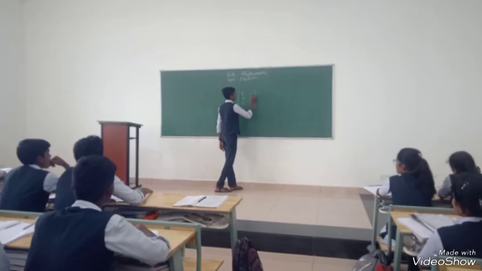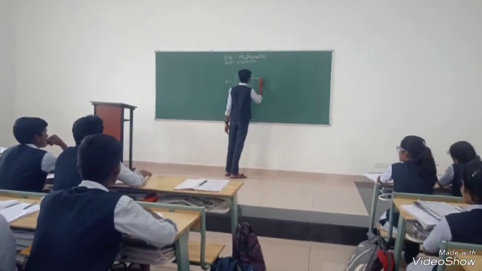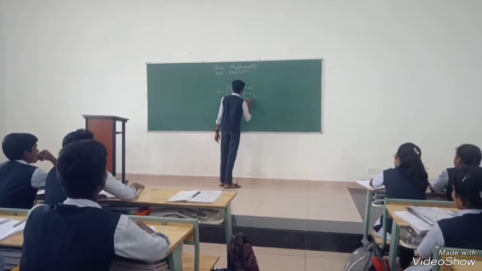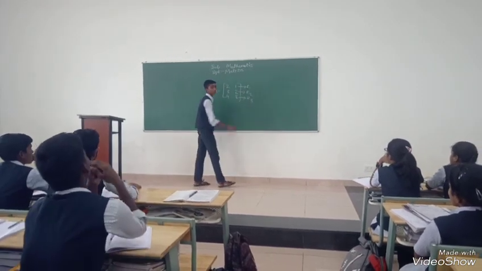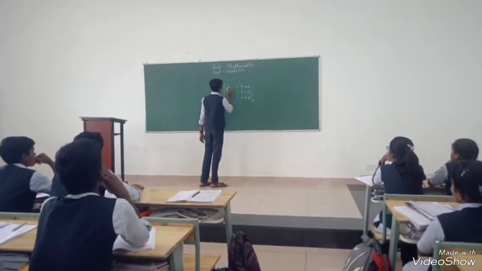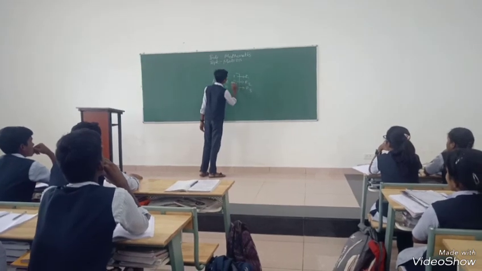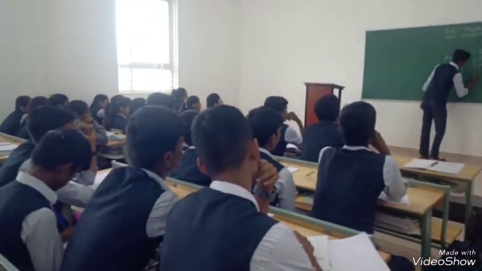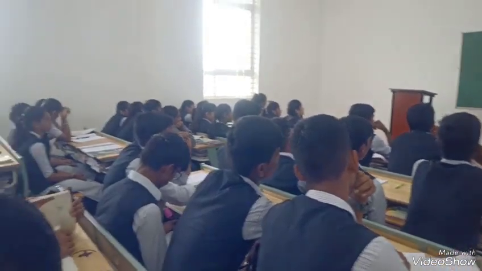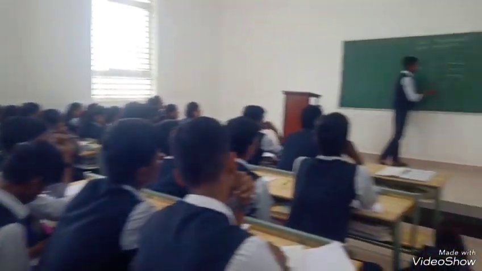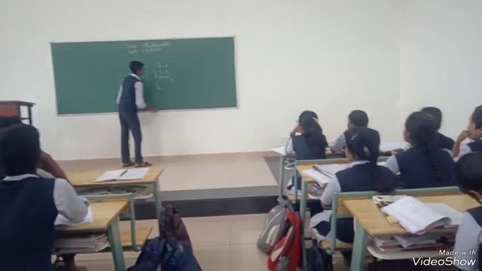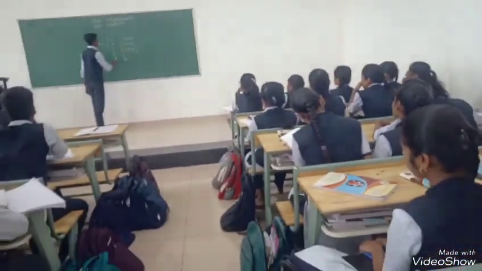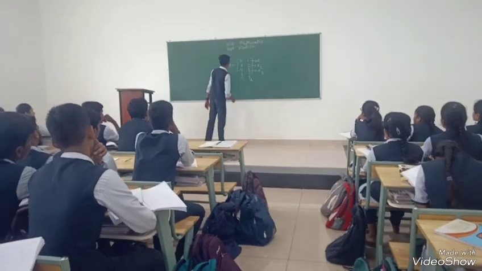In this matrix there are three rows. Rows mean the numbers present in the horizontal lines. Then columns are represented in vertical lines. Column 1 and column 2 means the matrix consists of two columns.